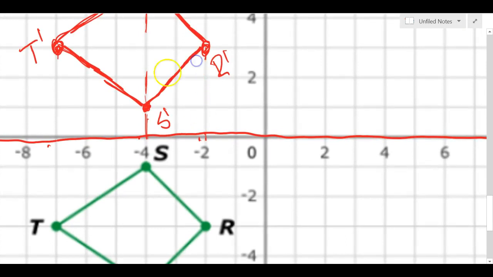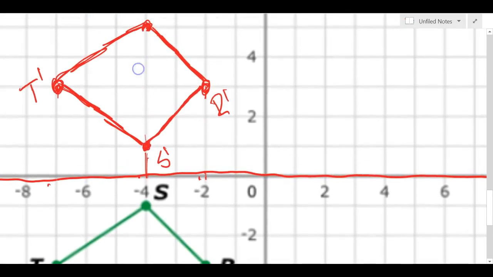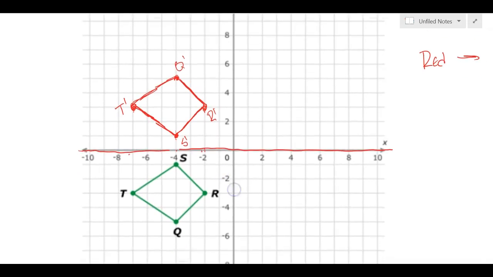It was on the bottom, and now Q prime is on the top. It is still the furthest from the line of reflection. So that's our easiest way of knowing that we did not translate this.